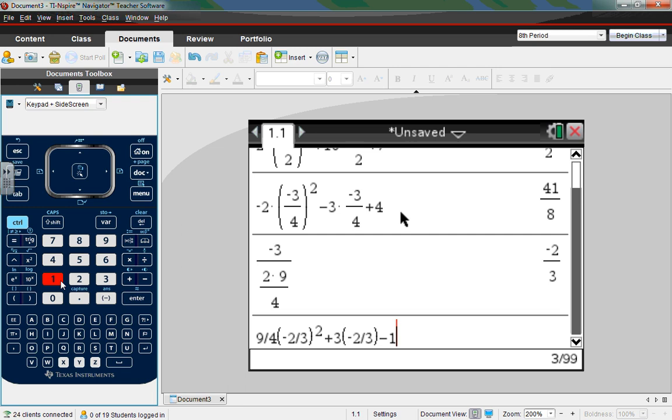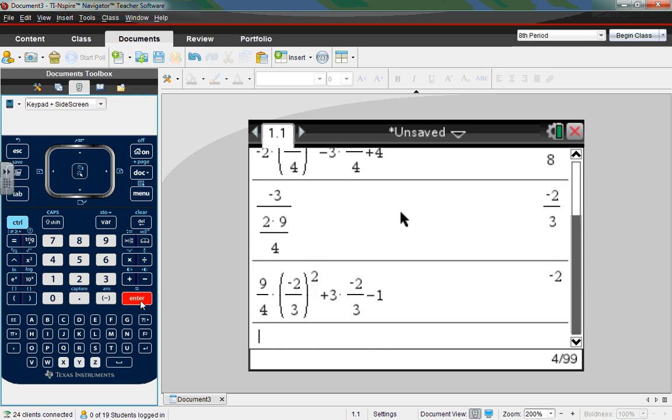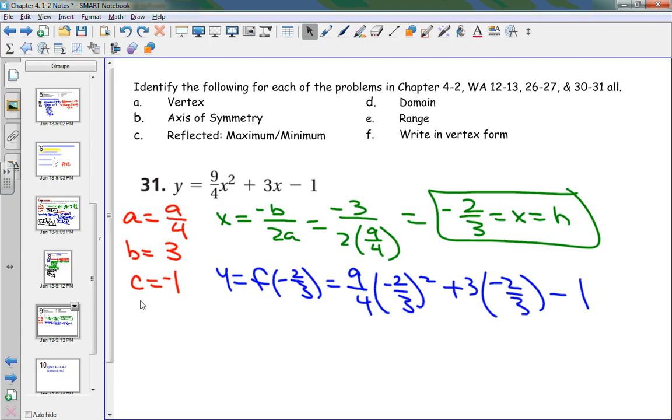I like to see you do that in your head. Enter. Negative 2. I always show work. I'm so used to showing you guys work that whenever I'm asked to do a problem, I immediately have to show the work. To give you negative 2.